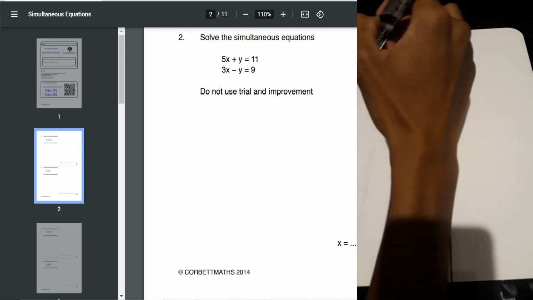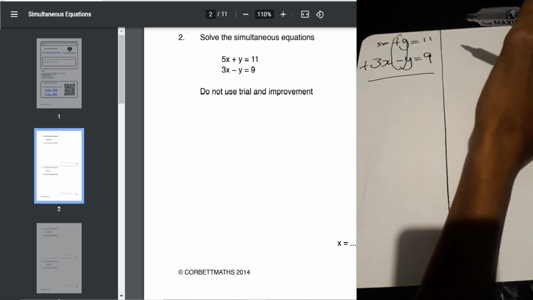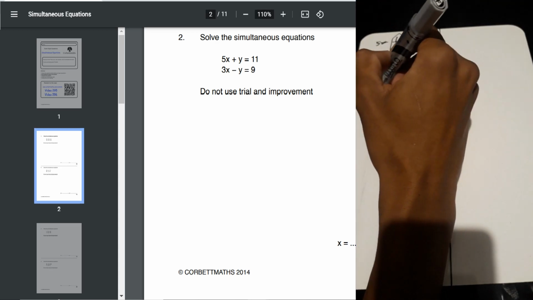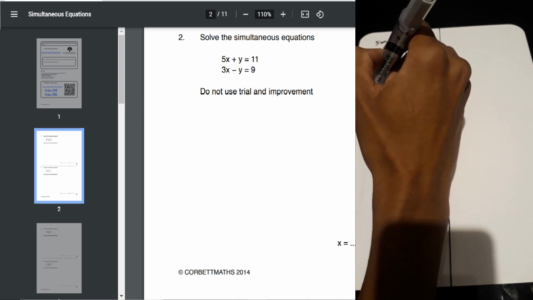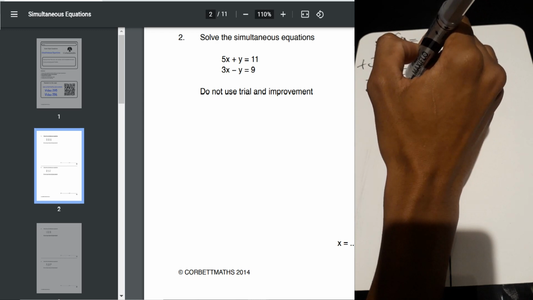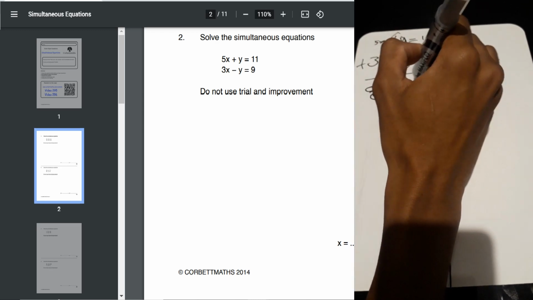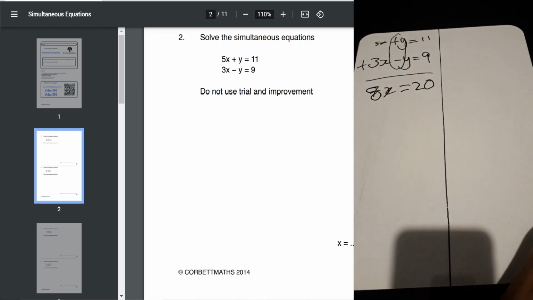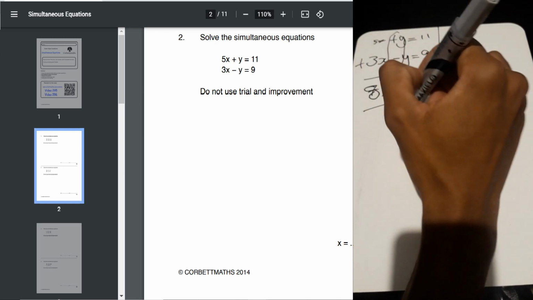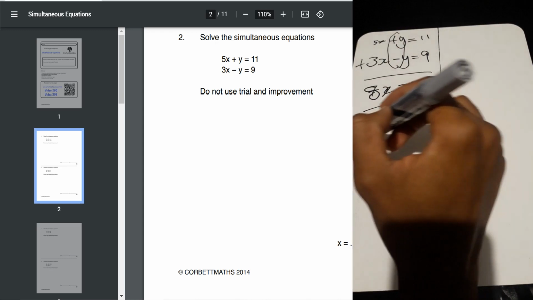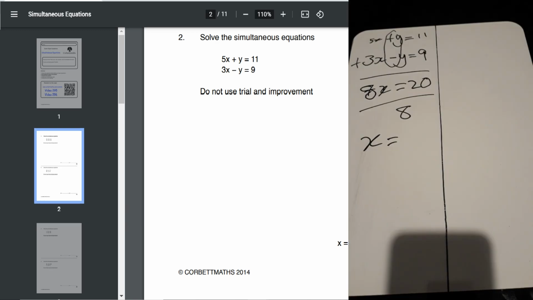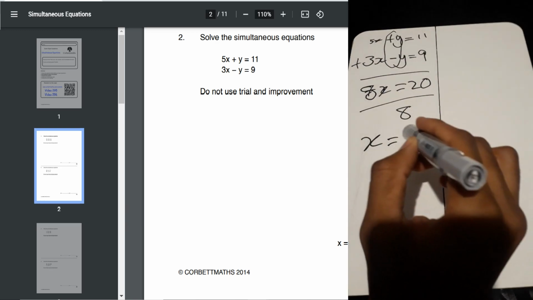So we get rid of the y. So it's going to be a plus. So it's going to be 8x equals 20. So we divide by 8, and x is equal to 2.5.